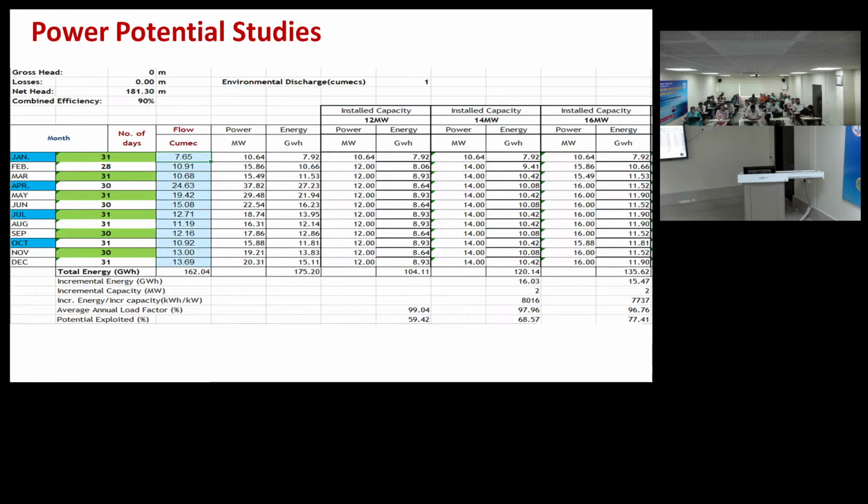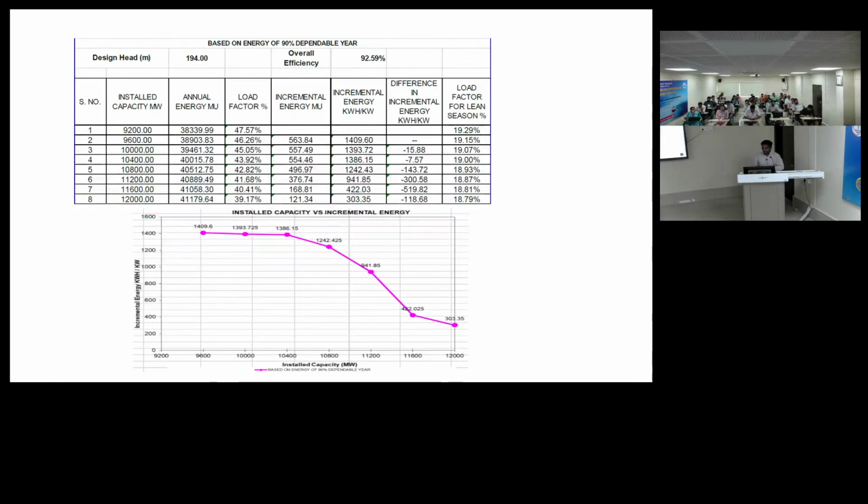And I have shown in the next that for different megawatts, we have to plot this graph. So we have to see for different FRLs what is the total annual energy we are getting, the load factor also, and this graph also. These three factors decide how to fix the capacity of the hydro plant.